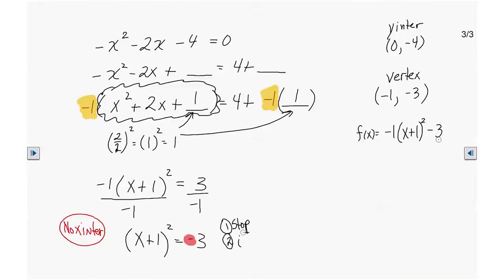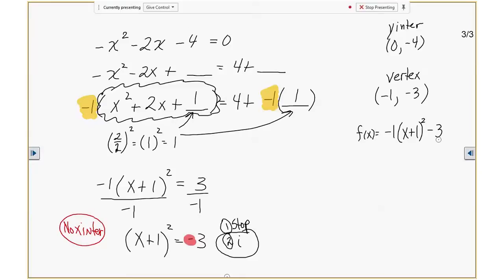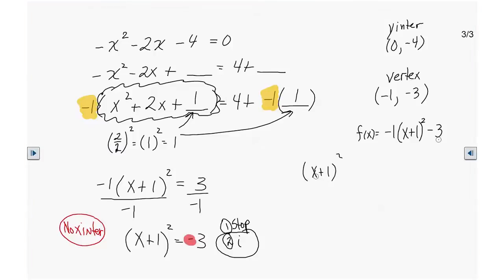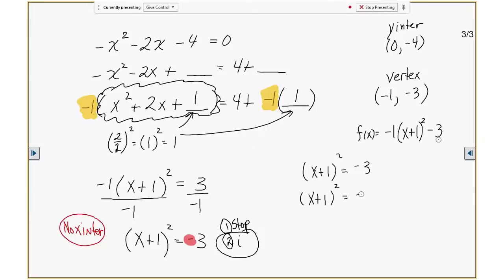This is what you're probably going to be doing, because most of your homework, most of your tests, most of your teachers are going to want you to put it in terms of i. So I'm going to go ahead and show you how to do that. So x plus 1 quantity squared is equal to negative 3. x plus 1 quantity squared is equal to negative 1 times 3.